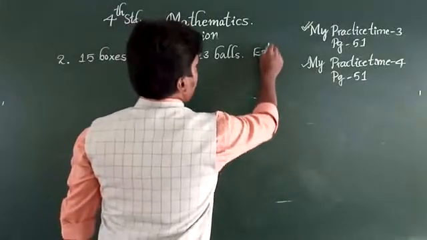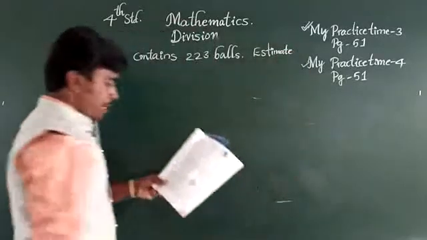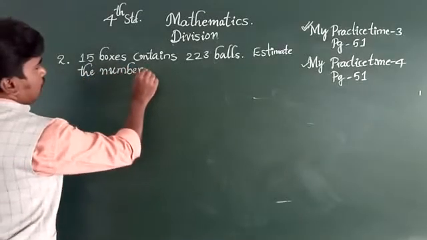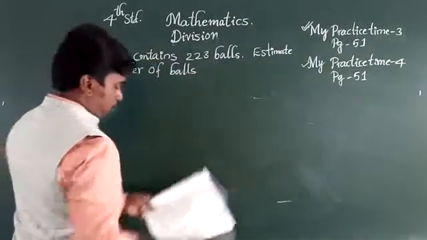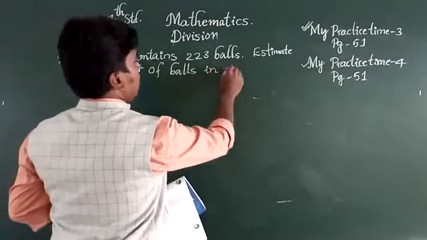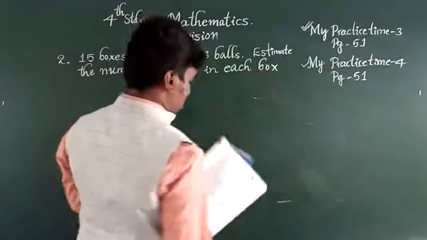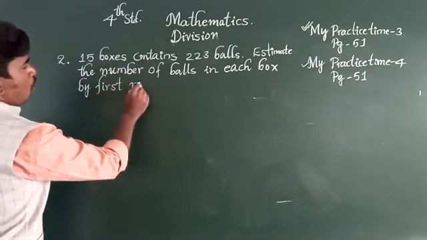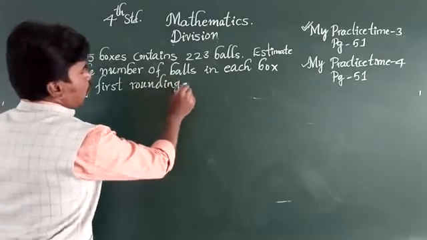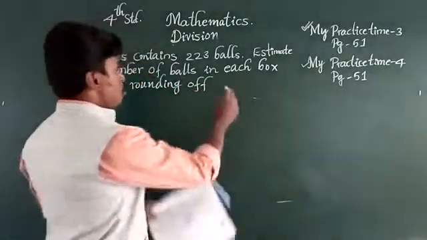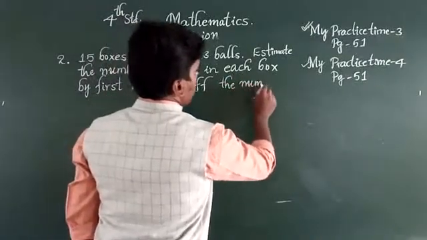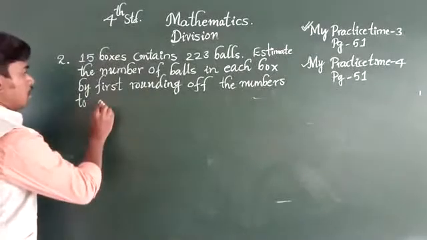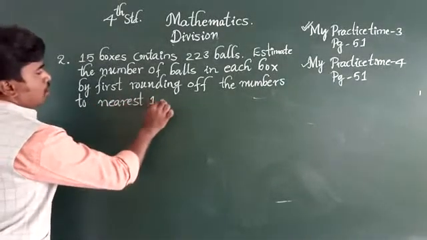Estimate the number of balls in each box by first rounding off the numbers to nearest tens.